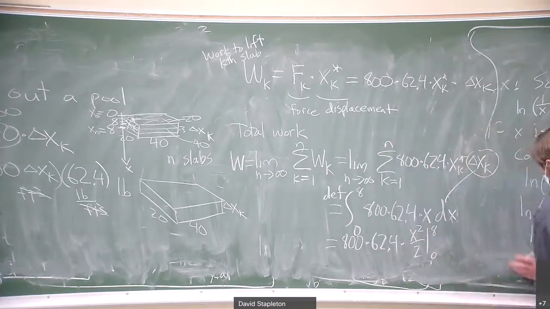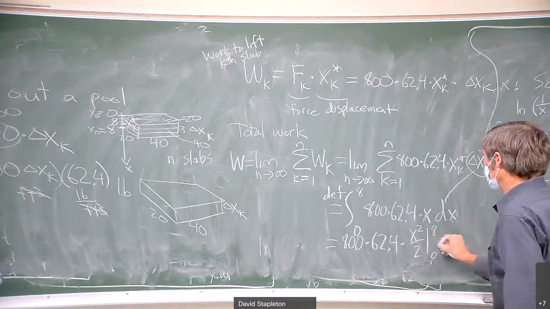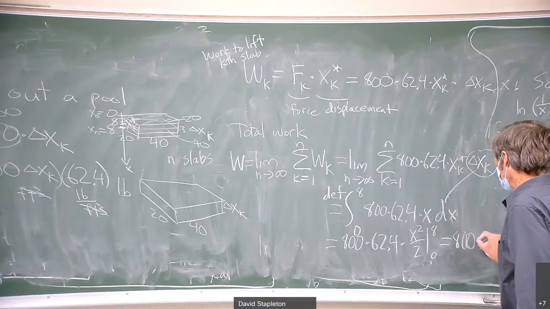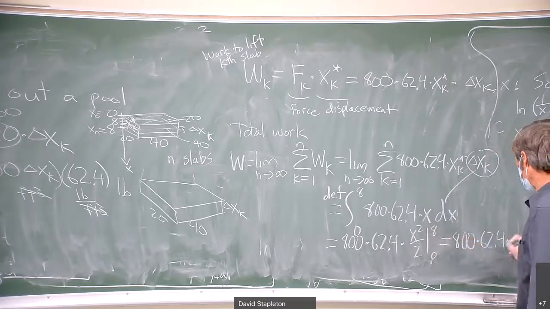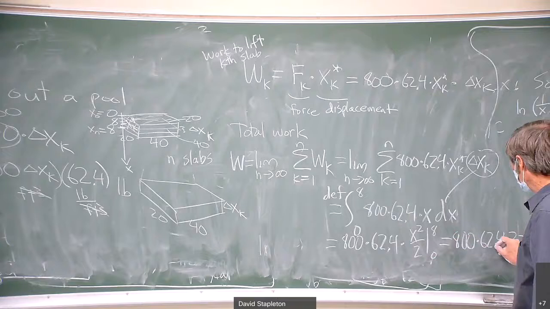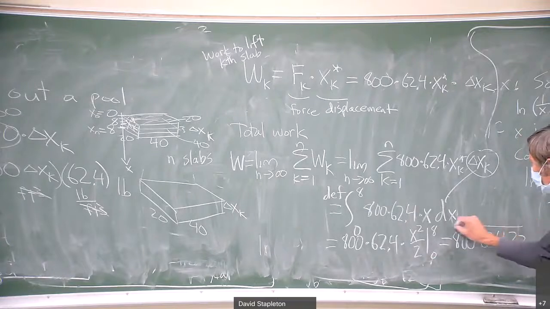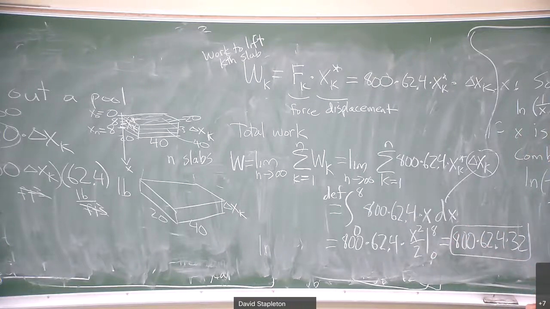It comes out to be, and this is where I told you need your calculator on the test, 800 times 62.4 times 64 over 2, which is 32. Work is in units of force times displacement, so it's foot-pounds in the English units, right?